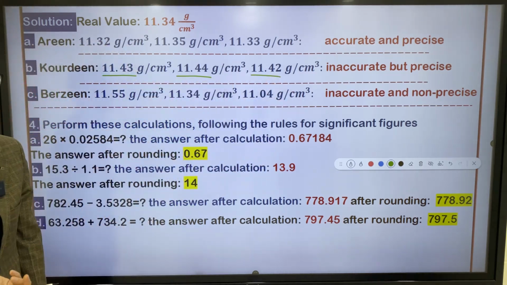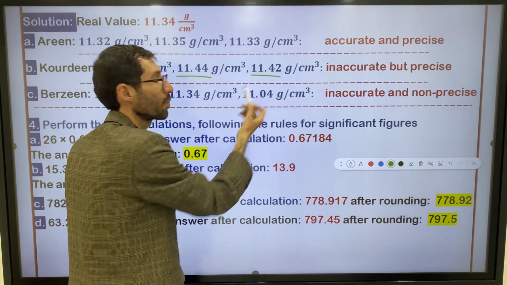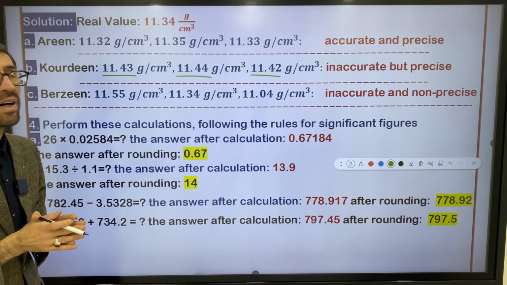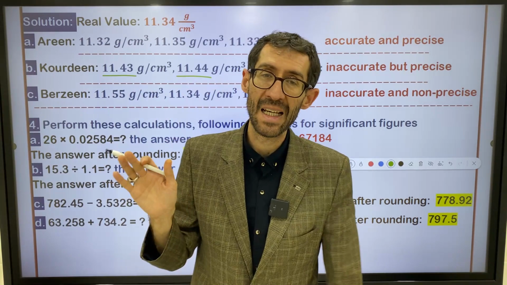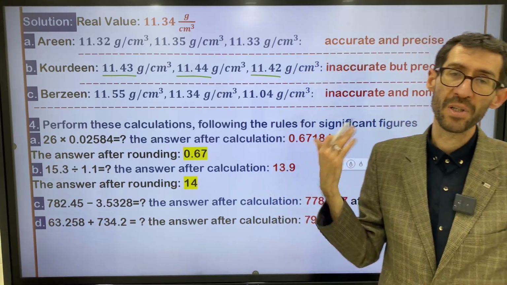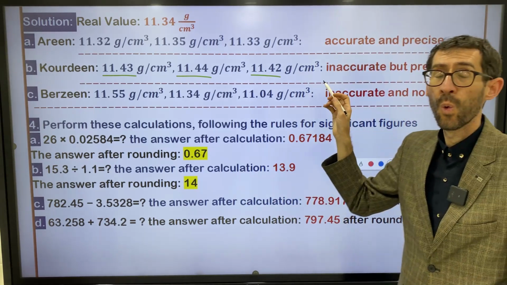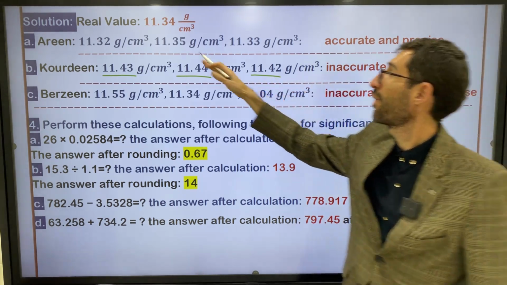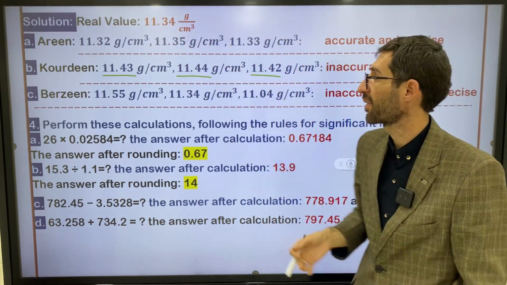They are very close to one another. 11.44, 11.42. So all of the readings are close to one another. That's why the readings are precise. Inaccurate but precise. Why inaccurate? Because they are far from the true value. Why precise? Because they are close to one another.